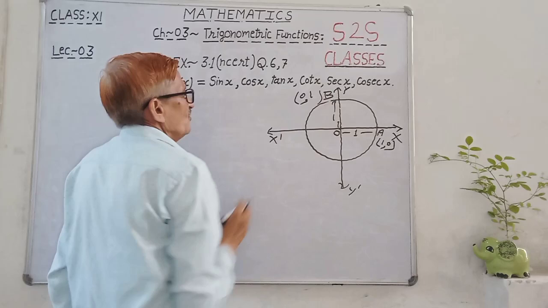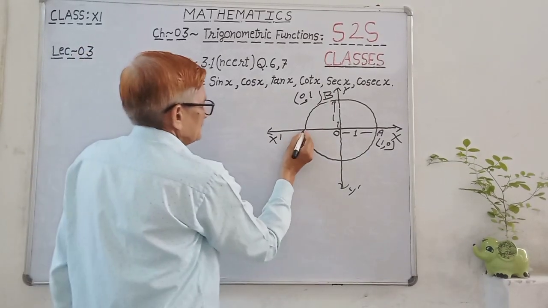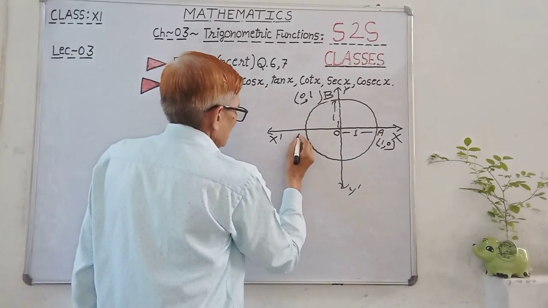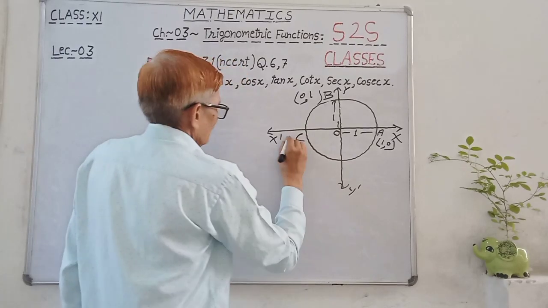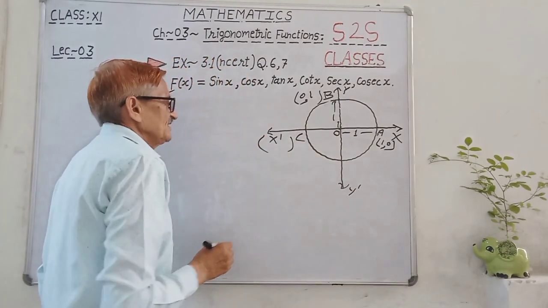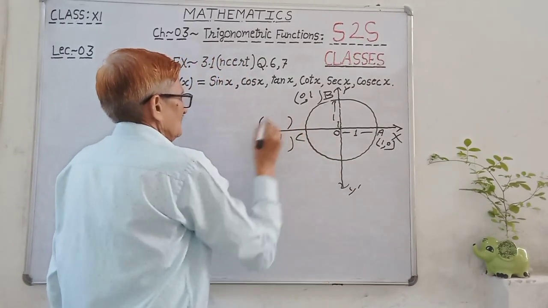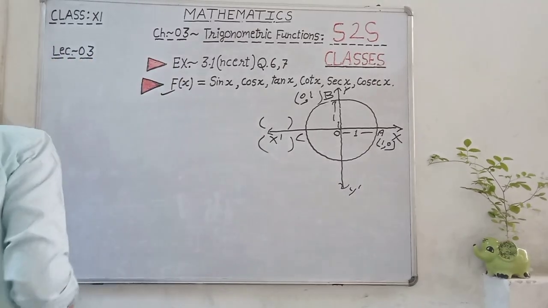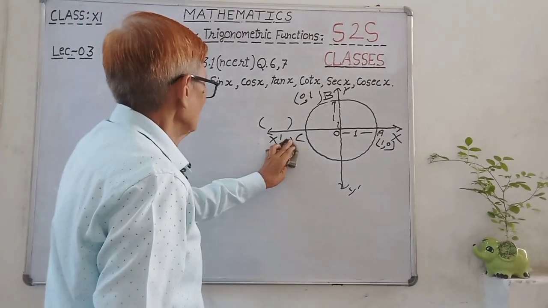Clear? 0, 1. After that, point C: what is the coordinate of point C? Write it here.